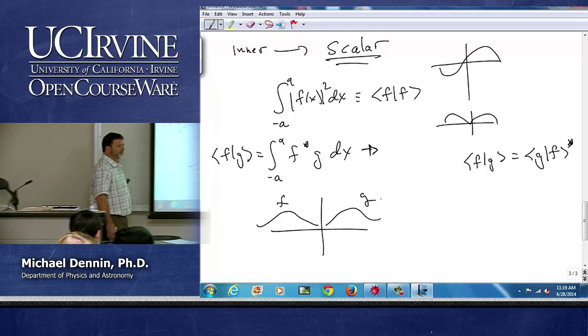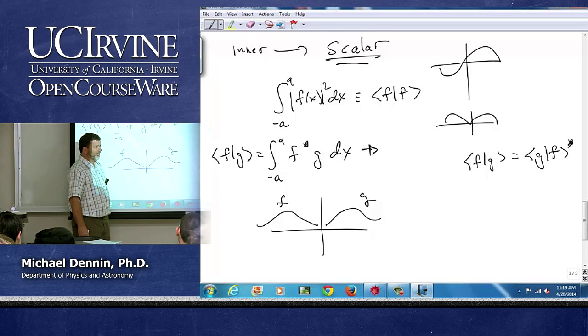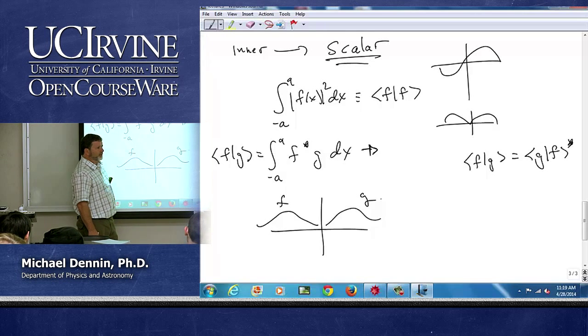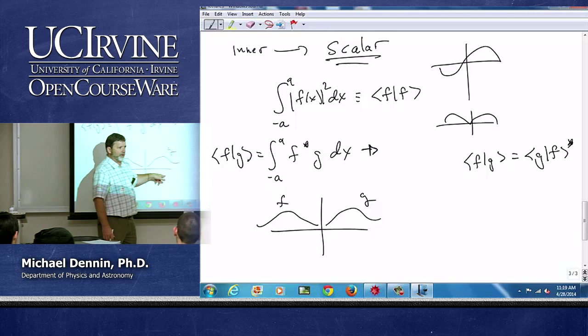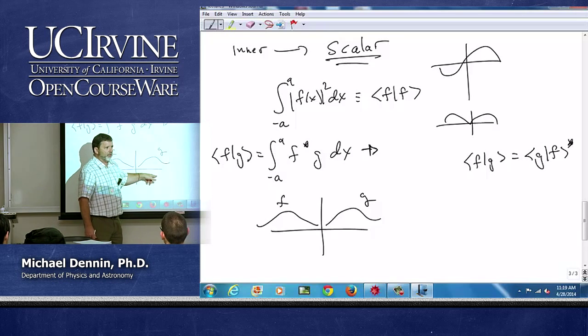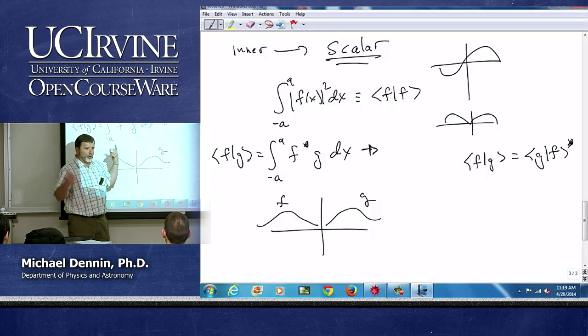What am I going to get, really, when I multiply those two? I'm going to get darn close to 0, and if these actually go to 0, I'm going to get 0, right? Because g is 0 over here, f times 0 is 0, f is 0 over here, g times 0 is 0. So do these two functions overlap?